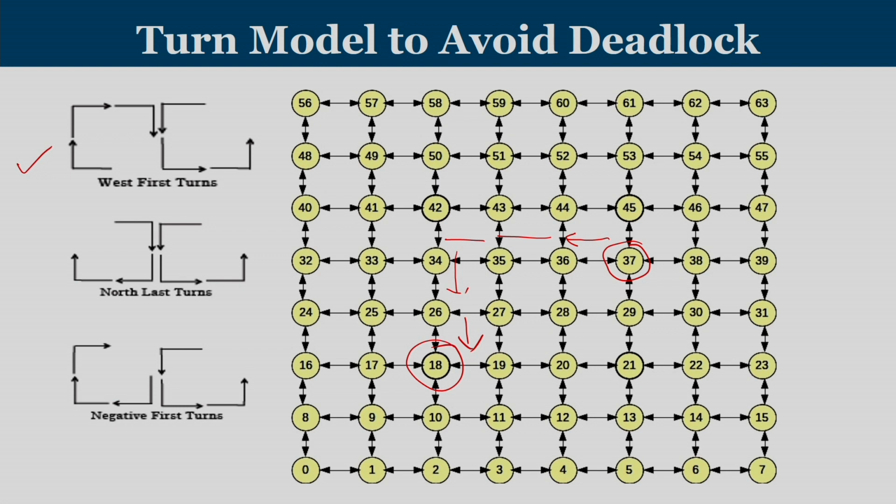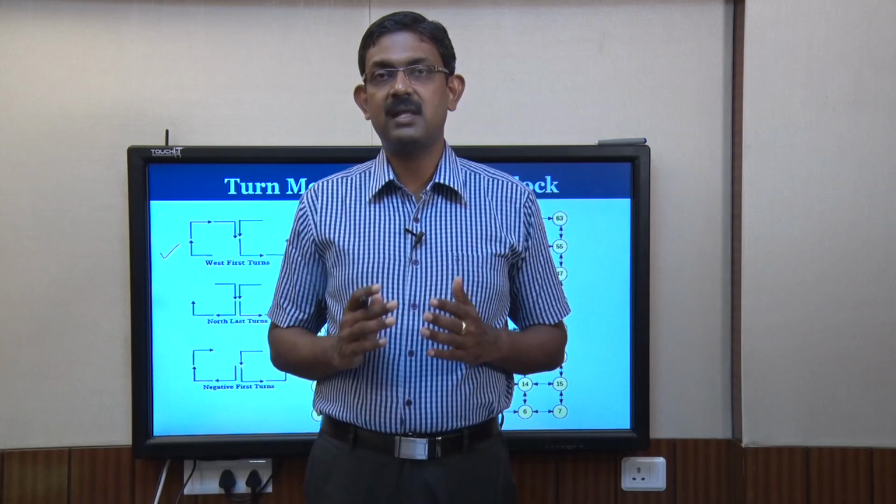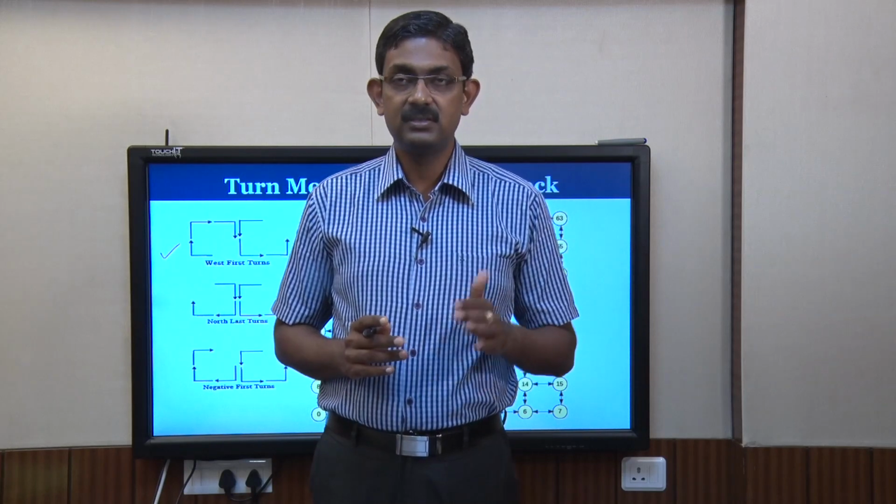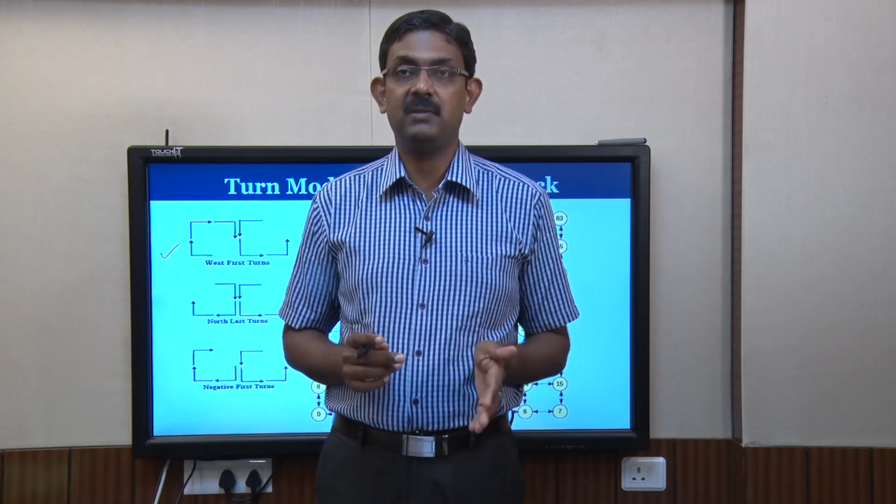Let us consider one more example where our source router is 37, let us say 54 is the destination and I am employing west first turn. So, the rule of west first turn says that if at all you wanted to take a west turn, that has to happen in the beginning.